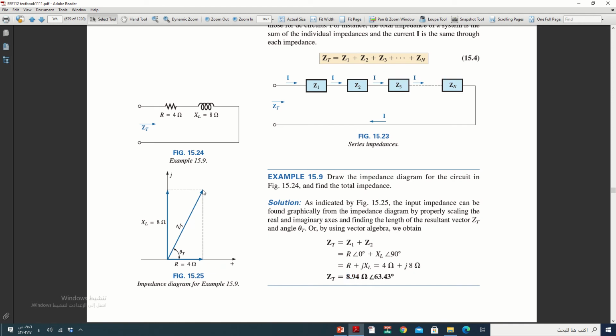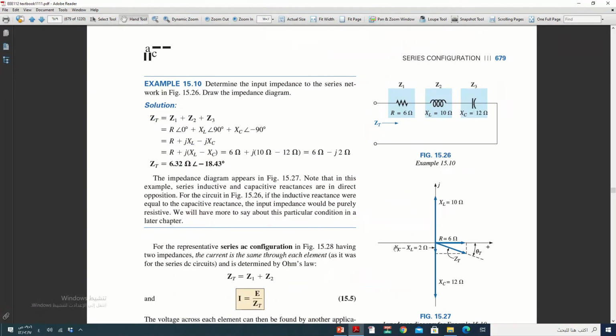We will end at this point, okay, and we'll draw from 0 to the end point, and you will find here the theta is 63 and the magnitude of the impedance 8.94.